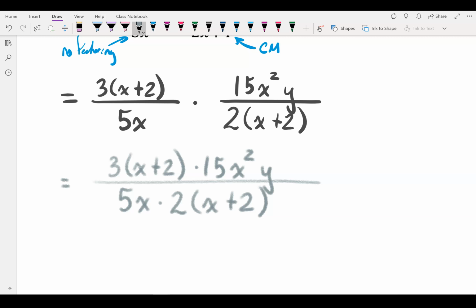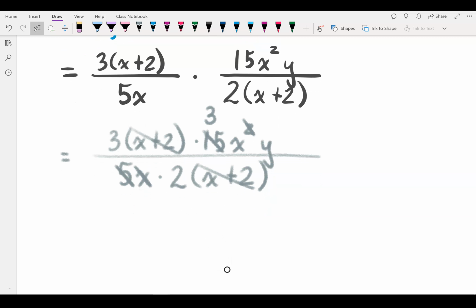And now maybe it's easier to see what cancels. Can you see it? You have x plus 2 on top and bottom. You have x's on top and bottom. And then you have 15 divided by 5, which gives you a 3. Now, I prefer to see that the way I wrote it before.